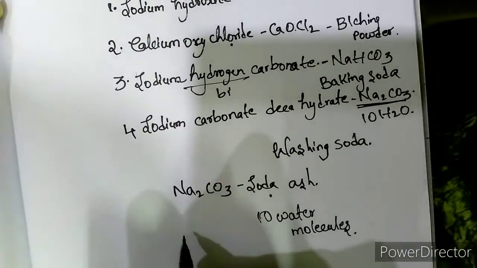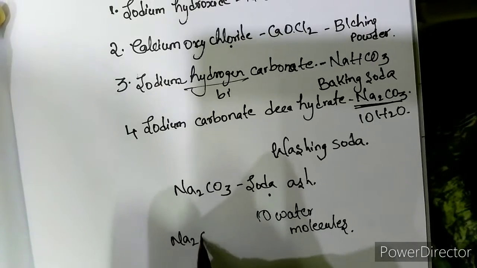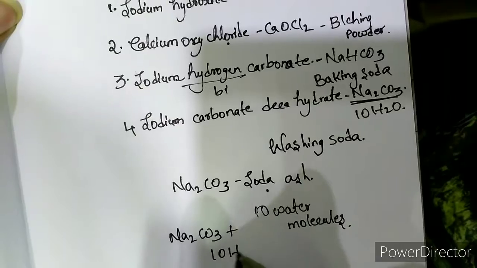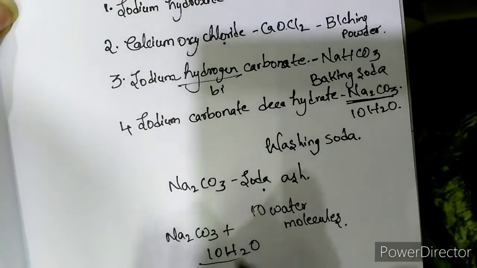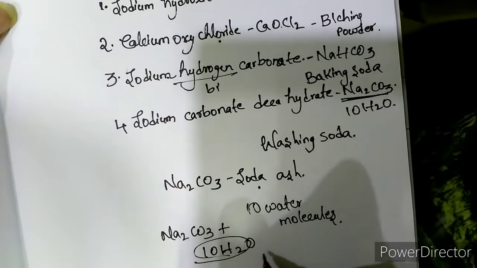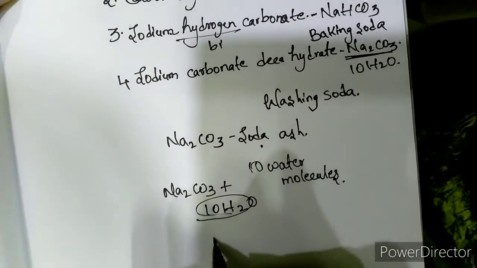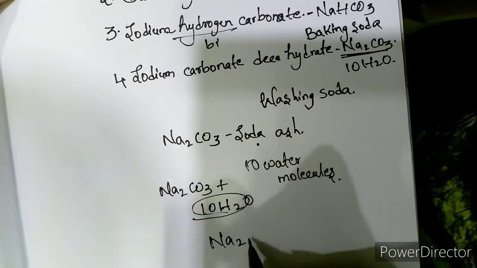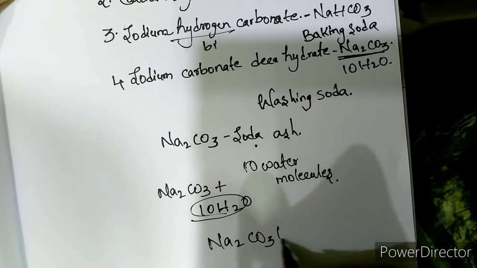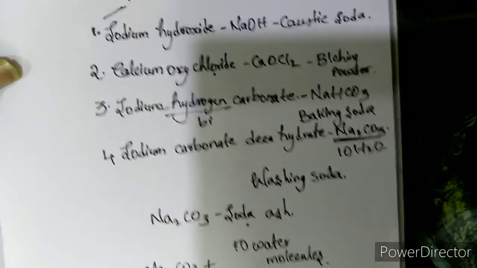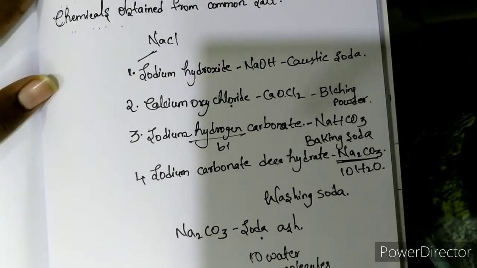So for soda ash, Na2CO3 plus 10H2O, if we add 10 water molecules, it will become washing soda. So the chemical formula of washing soda is Na2CO3 10H2O. These are the four chemicals which are obtained from common salt.